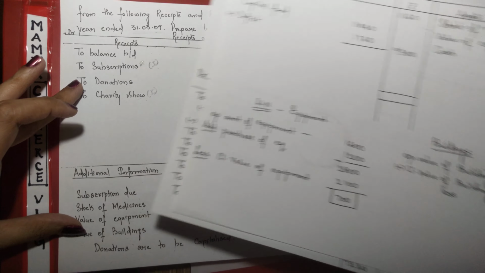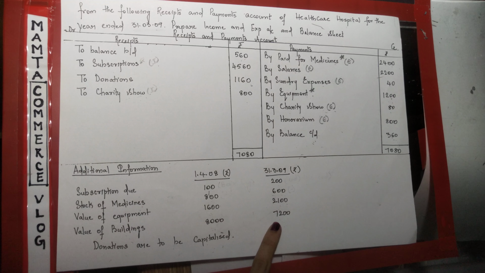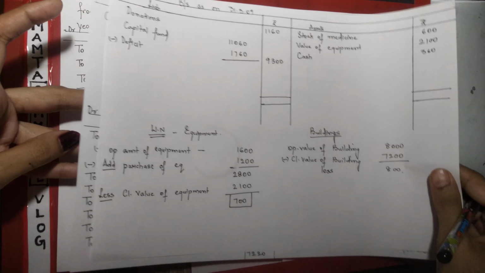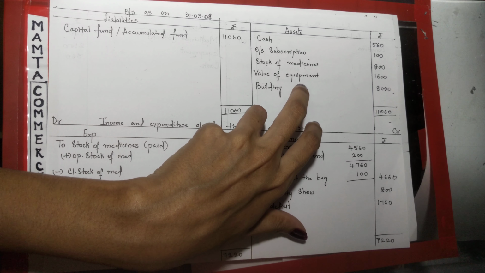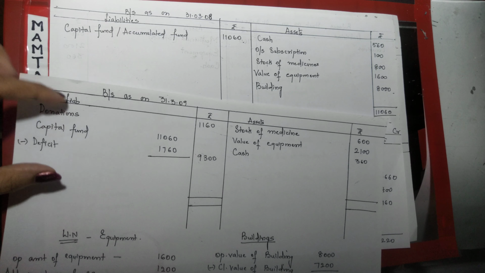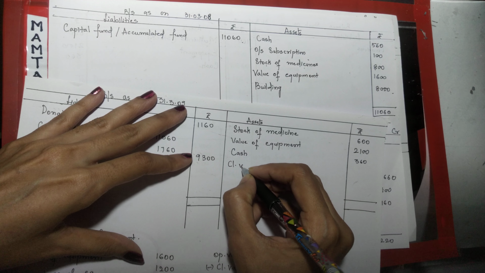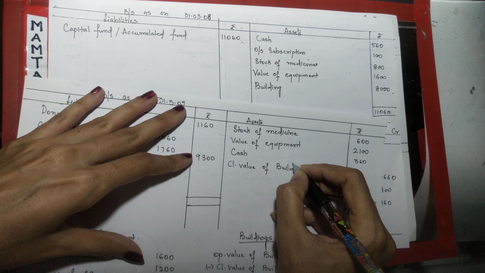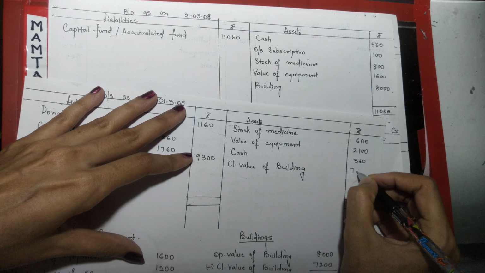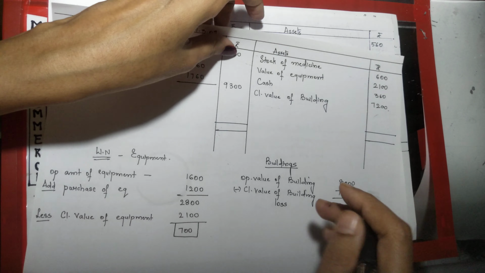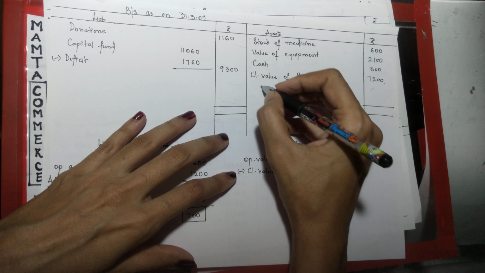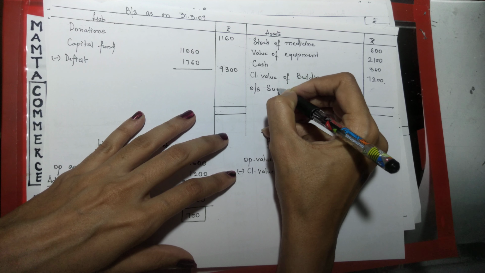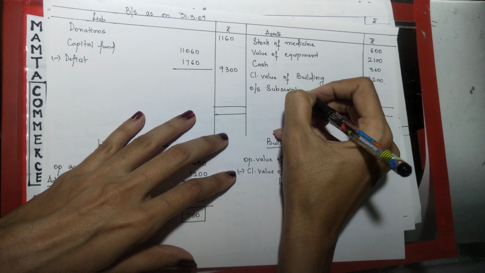We have missed one point, that is the value of building. We have written the opening value of building, but we did not write the closing value of building. So here I will write the closing value of building, that is 7,200, and also the subscription amount.